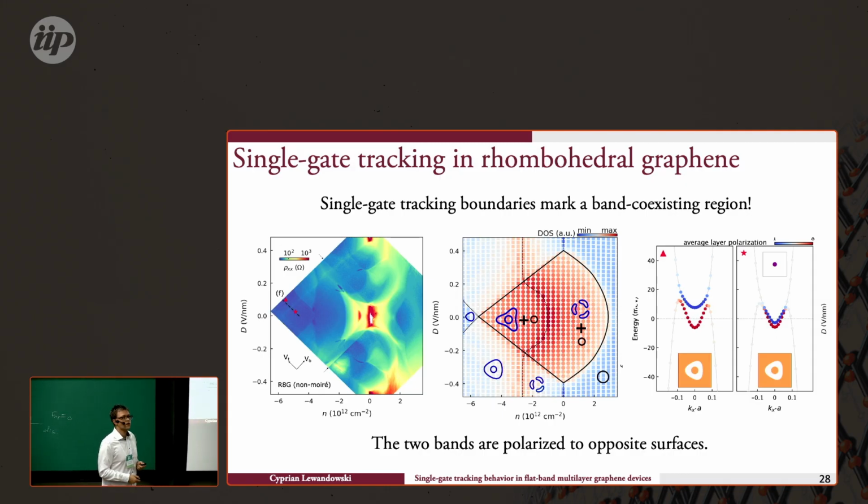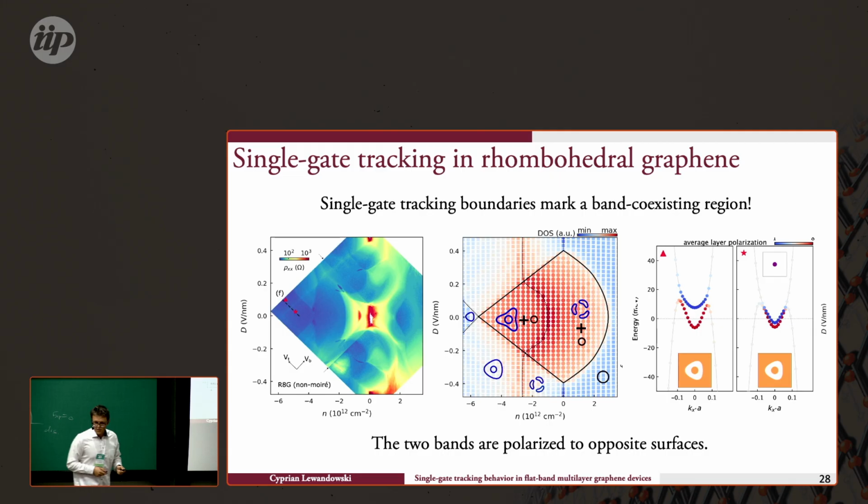Yes. I think they have not pushed their device to that particular value. So so far as I understand, they are not seeing any superconductivity here. I am not sure if I'm understanding or hearing your question.